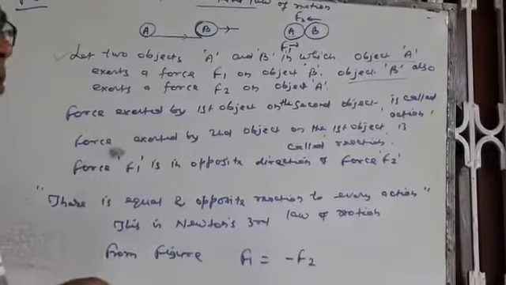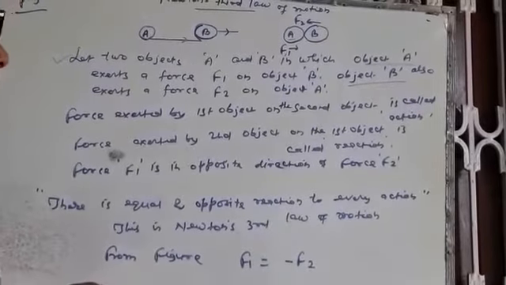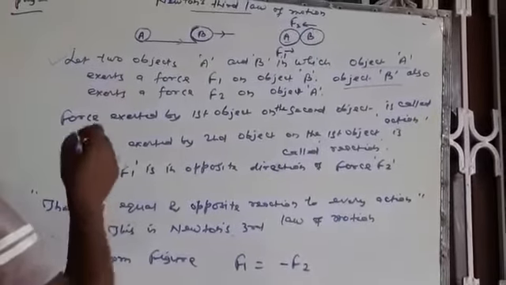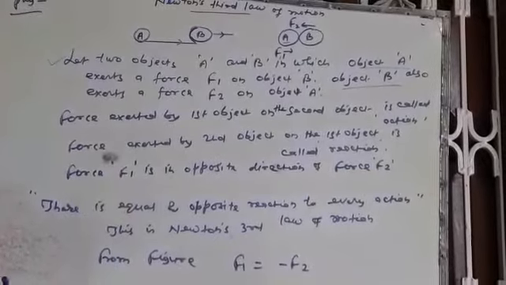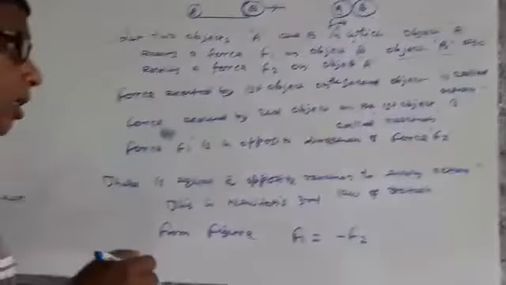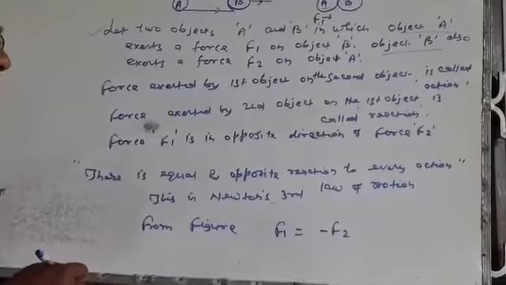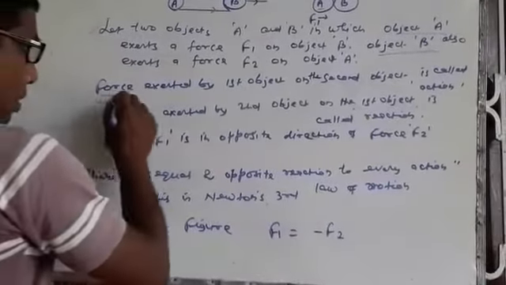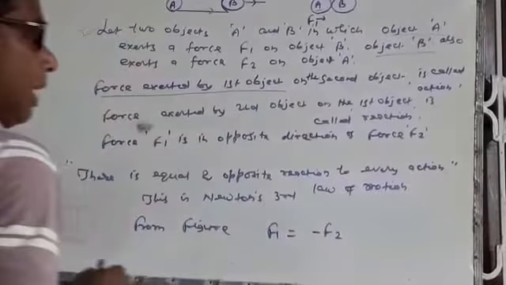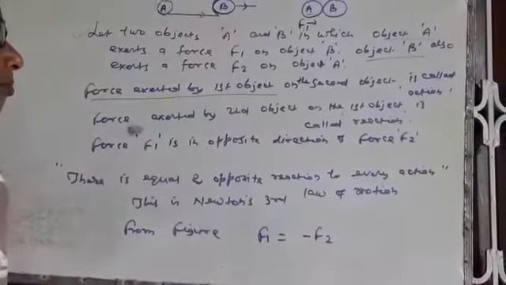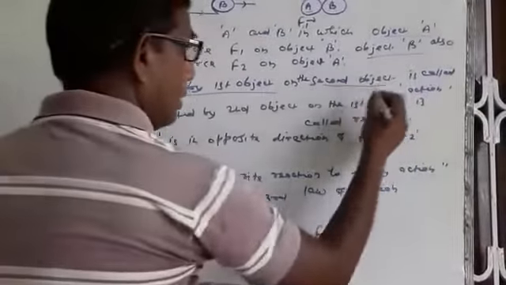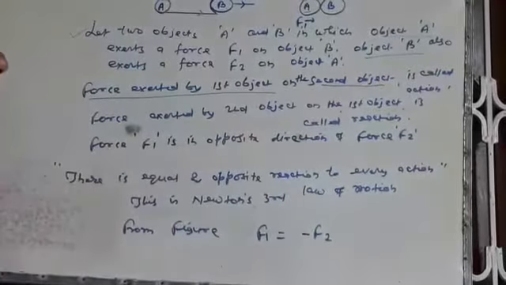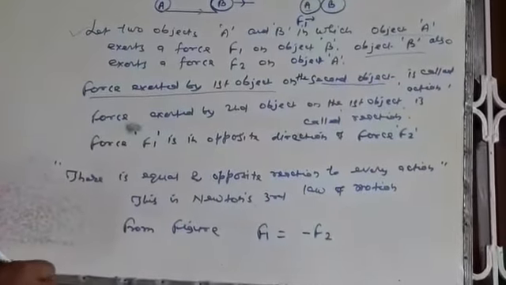Now there are 2 separate names. What is the name of the force applied by the first object on the second object? Our main purpose is to understand what action and reaction are. The force exerted by the first object, that means A, on the second object, that is B, is called action.